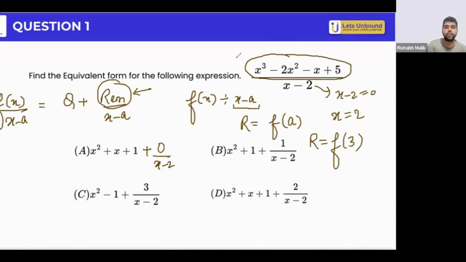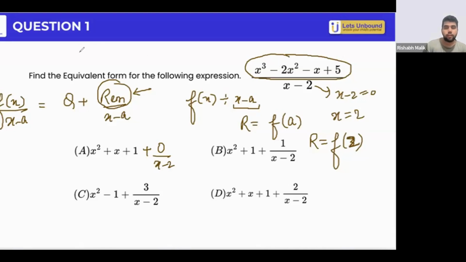So all I need to do here is plug in this value 2 in the polynomial that's given to me at the top in the numerator, and whatever answer I have, that will be my remainder. Check that with my options.